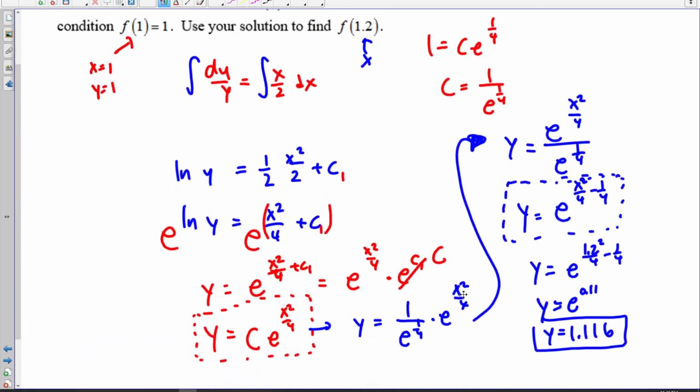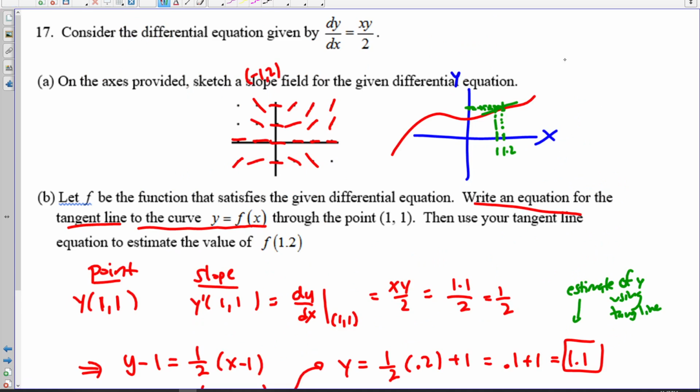And so it turns out that the actual value, 1.116, is bigger than the estimate. So this, remember, is the approximation. That's part A. Part B gave me the actual, and the actual is bigger than the approximation. So I would say the approximation is an underestimate.